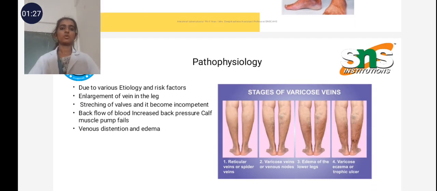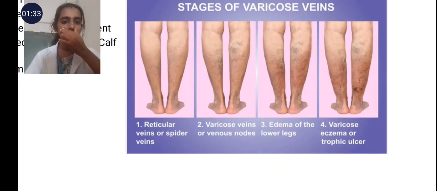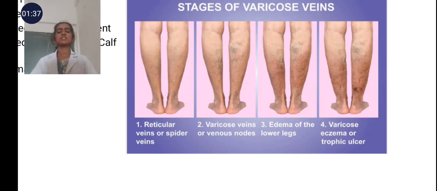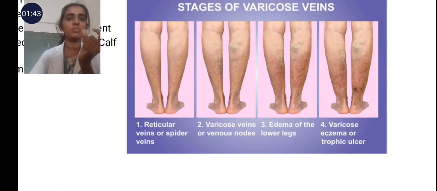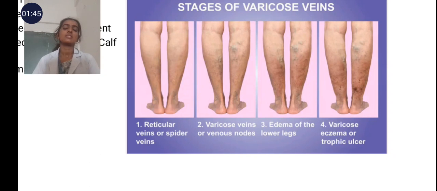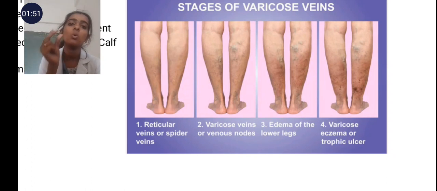And then the pathophysiology of varicose vein. There are 4 stages. In stage 1, that is reticular veins or spider-like veins, the veins are a little bit twisted. That means it won't be a straight line. It will be like a spider. The second stage is varicose veins or venous nodes. There is some amount of nodes we can see, a round-like structure.